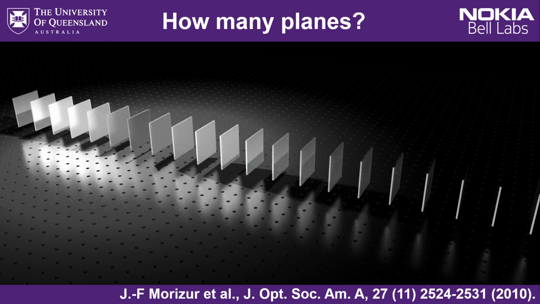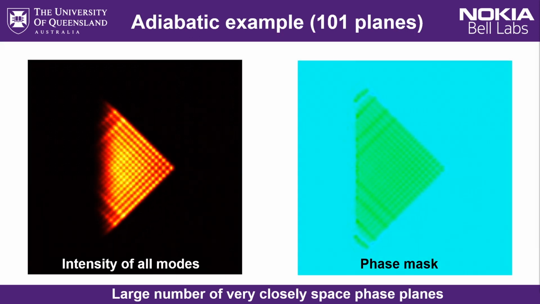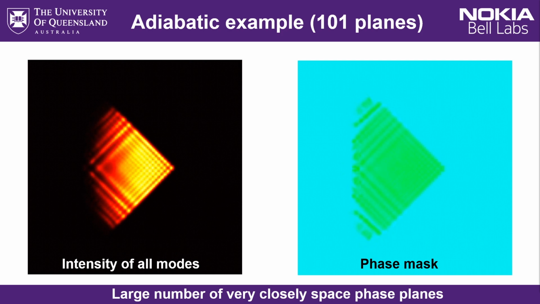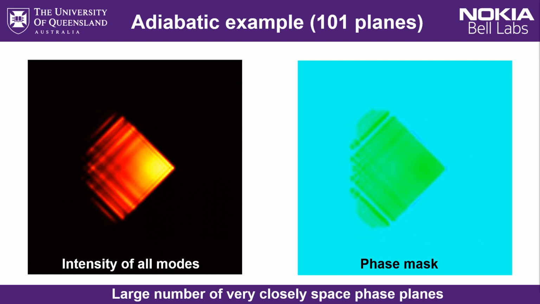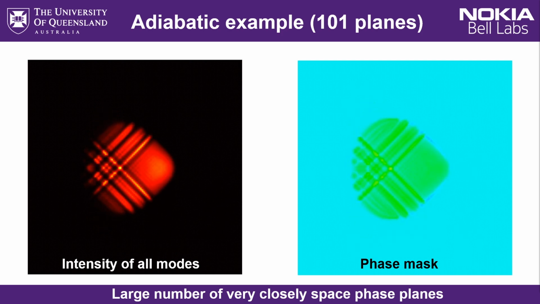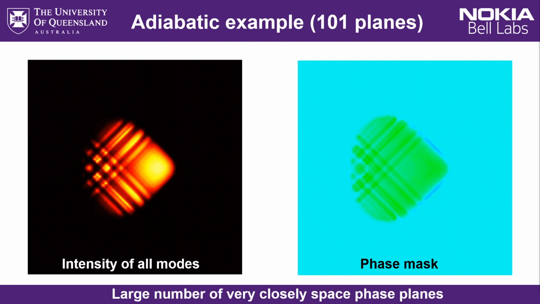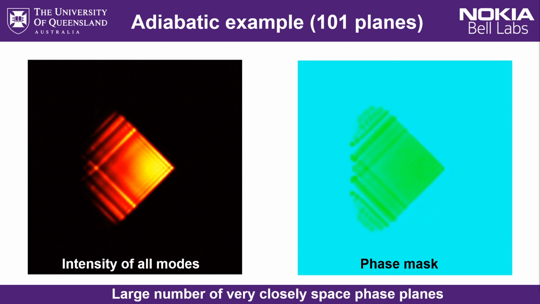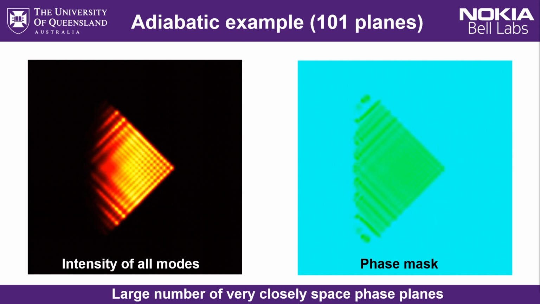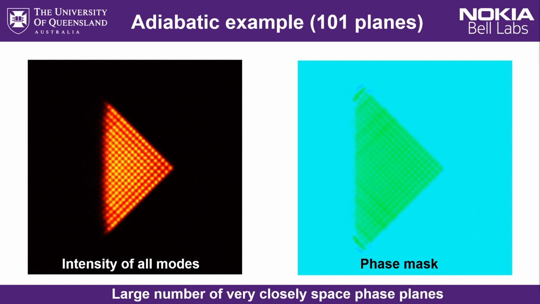In the extreme case, you can imagine if you had an infinite number of phase planes, all infinitely closely spaced, then you'd have a very smooth 3-dimensional refractive index profile that would naturally have a very high bandwidth, an adiabatic transition between a set of input modes and a set of output modes, with only very subtle phase changes in each of those many planes.